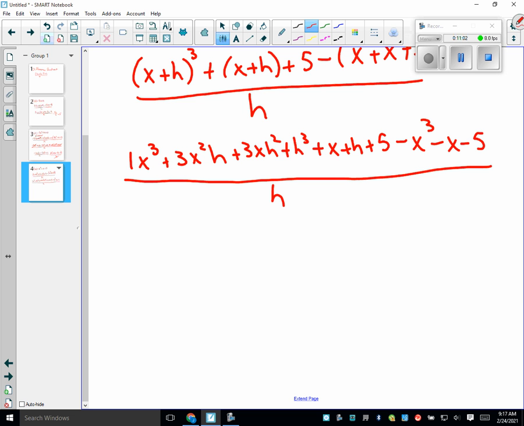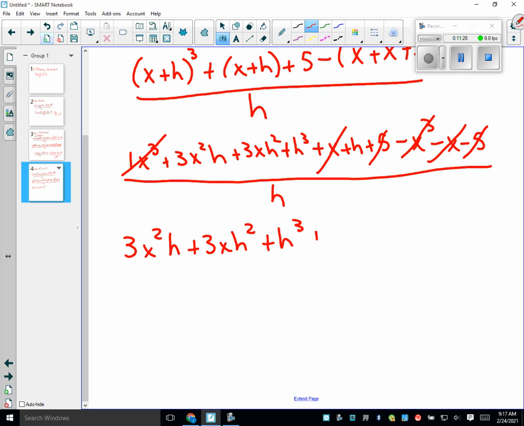All right. What happens? The x cubes are gone. And the 5 and the x, isn't it? Yes. So I have 3x squared h plus 3x h squared plus h cubed plus h. Right?